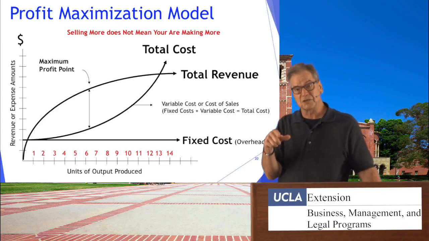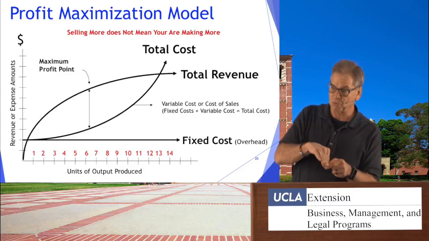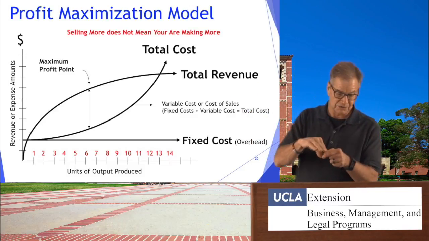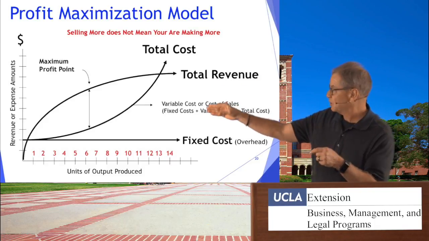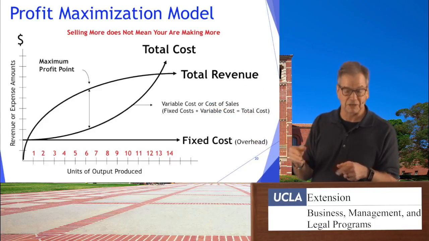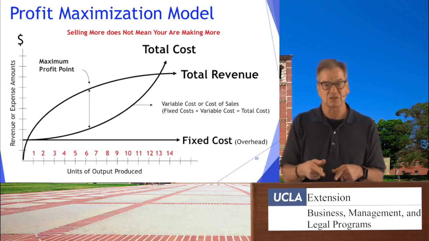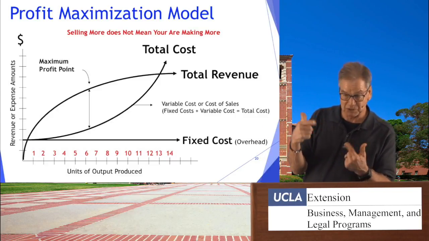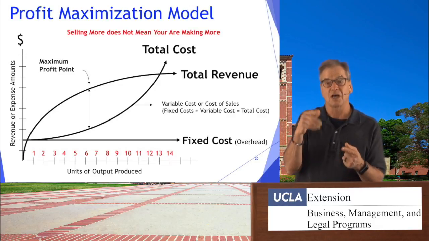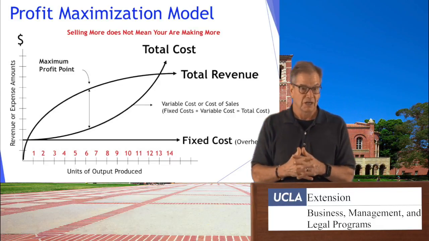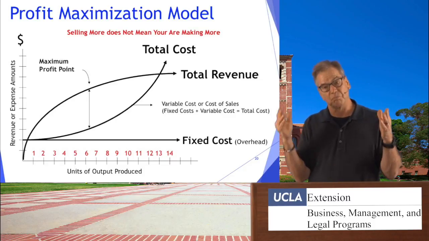And then every time we sell something, we have revenue coming in, and revenue has a growth curve to it. And so profit is defined as revenue minus direct cost of sales, which could be said as variable cost, minus overhead. And the difference between those two is called profit.